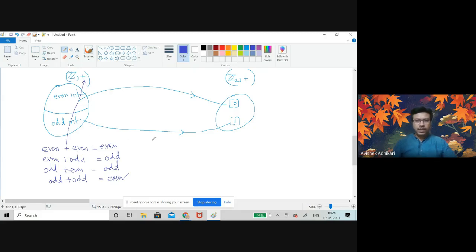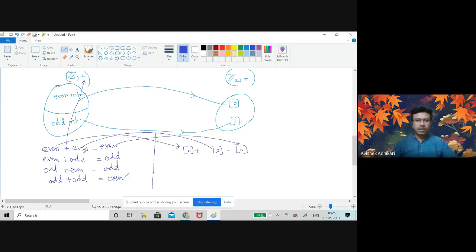Now here also, if the same thing is happening, so here even goes to 0 and even goes to 0, and it gives me 0, the same thing.